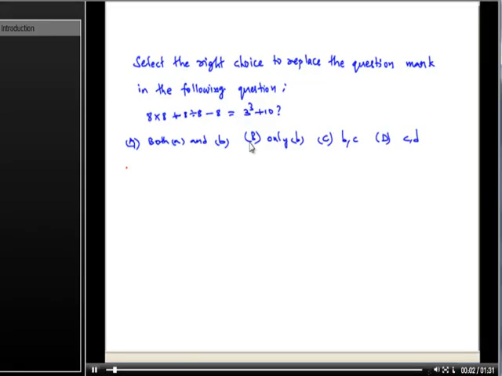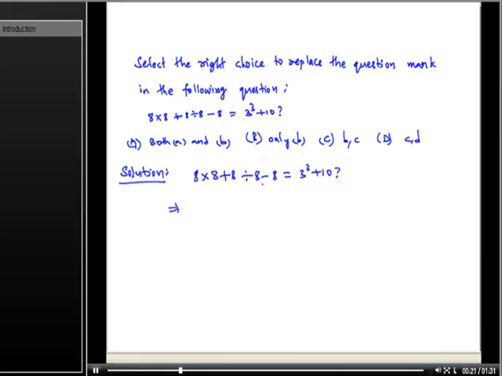In this question, we need to select the right choice to replace the question mark in the following question. Let us begin with the solution. This is the equation given in the question. This implies we'll apply the BODMAS rule to simplify this equation. First preference goes to 8 divided by 8, then 8 into 8.